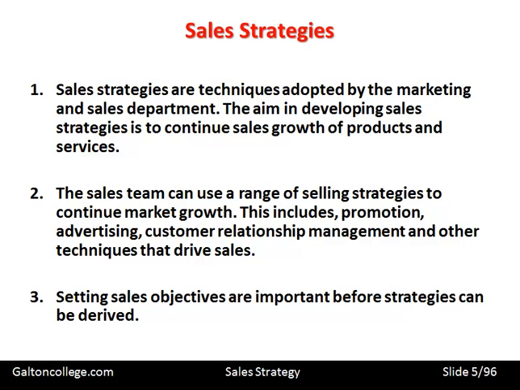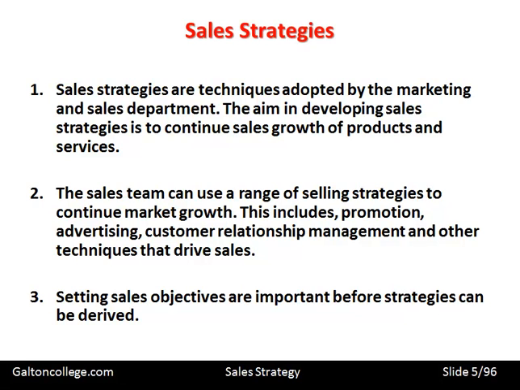Setting sales objectives is important, and strategies can be derived from the objectives. So once the objective is set, the objective is to grow the market, to sell more over a period of time, then the strategy will follow. How should that objective be met?